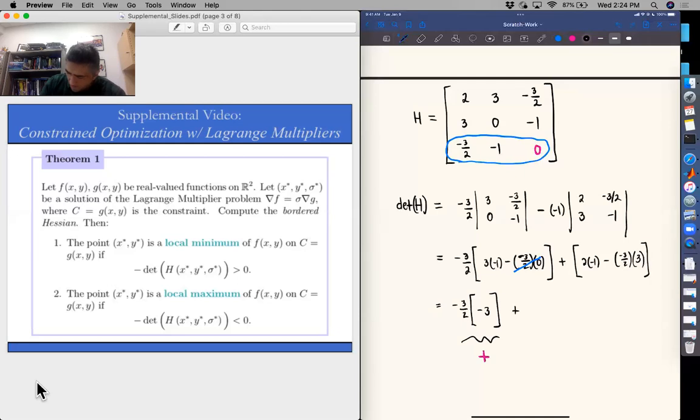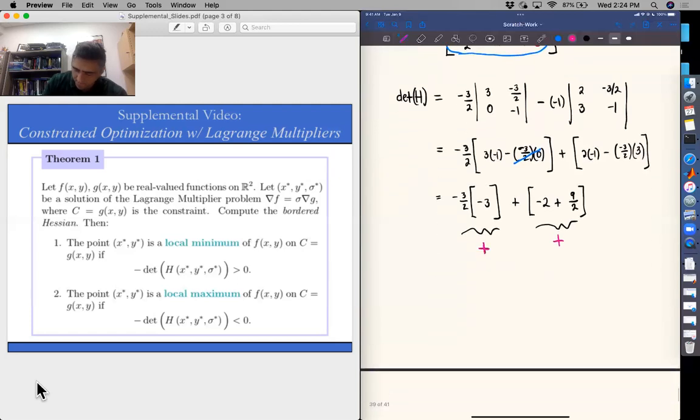And then we're adding to it. Well, what do we have here? We have a minus 2, and we have a plus 9/2. All right, so what about this? This seems like it's something positive as well. So we have positive plus positive. We can argue that the determinant overall has to be positive. Let's actually just go through this arithmetic though.